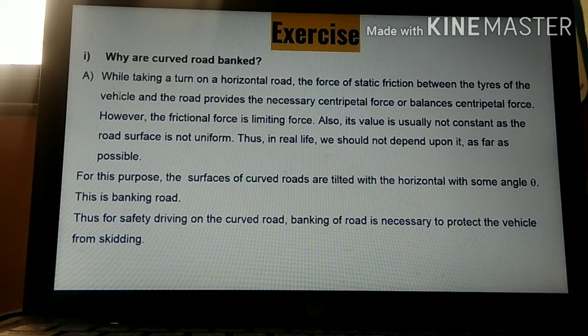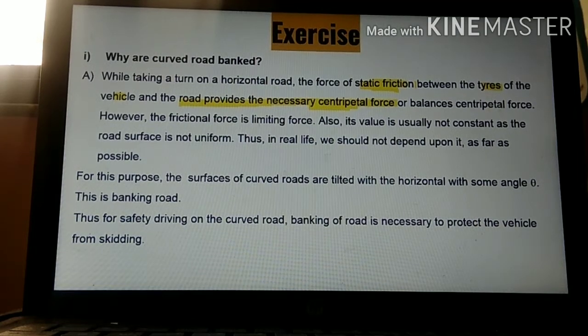I will read out. While taking a turn on a horizontal road, the force of static friction which has been created between the tires of the vehicle and the road provides the necessary centripetal force, or you can also say it balances the centripetal force.